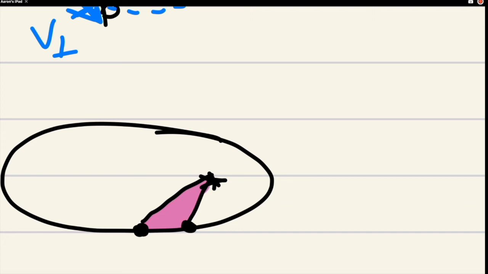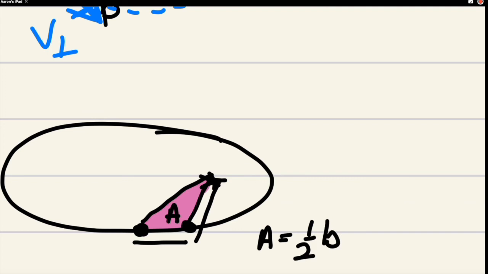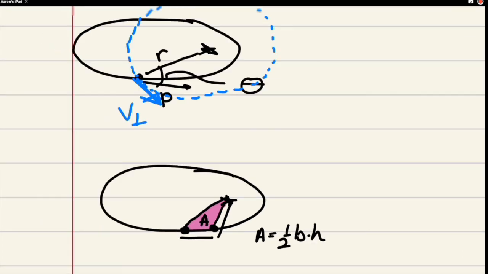But just to help you imagine, I'll consider two points in time that are fairly widely separated. You can imagine doing this in the limit of very small delta t. This has some area A, which we could write down by approximating this as a triangle that has some height and some base. The area is 1/2 base times the height of this triangle.